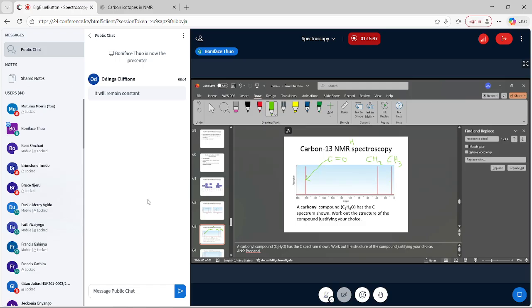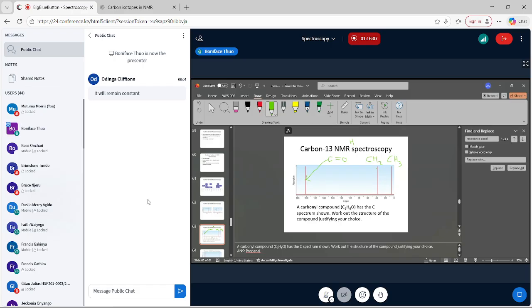So the only way to have them different is to have a CH3 and a CH2. And then we have a hydrogen. So we have 4 different fragments, which give us a complete elemental composition of the compound.